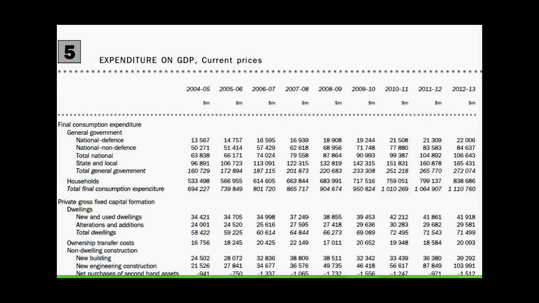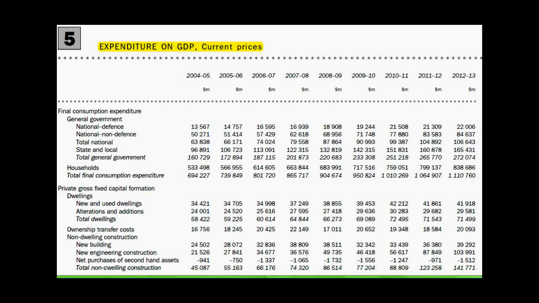So, when you download that document and then trawl through it with a fine-tooth comb, you get to page 25, and it has expenditure on GDP current prices. So this is nominal GDP, GDP at current prices, and it's the expenditure method of measuring it.